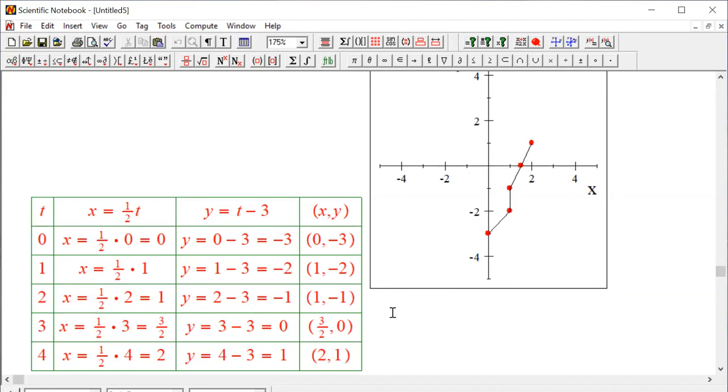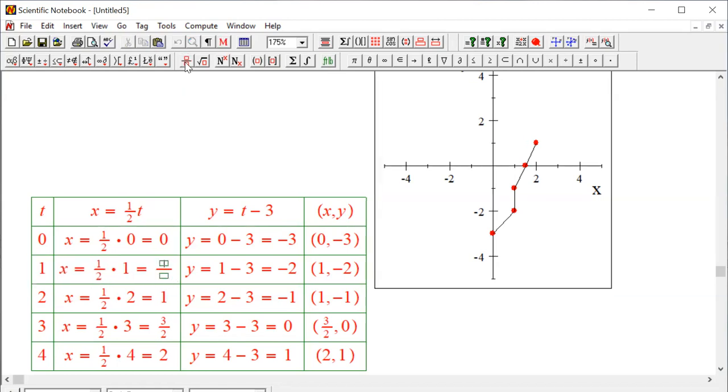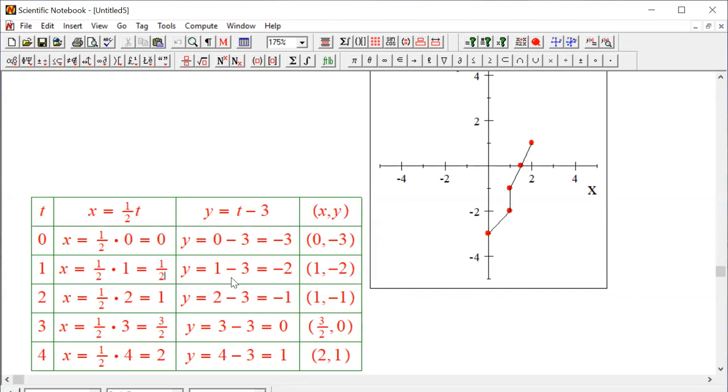I was double checking whether this is correct. I actually don't see any problem that we did here. When t equals 2, when it equals 1. Oh, I got it. I made a mistake here. This is a half. My bad. So this point is half.